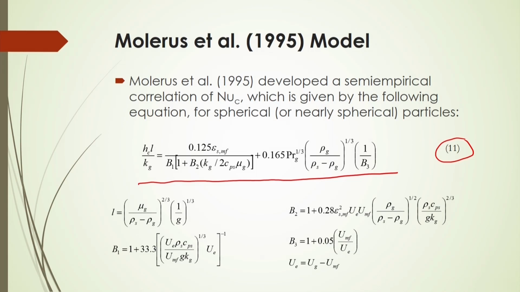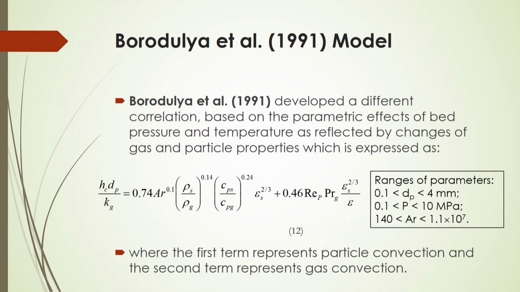According to their correlations, L is defined here, and B1 is defined by this equation, and B2 and B3 like this, and Ue is the effective gas velocity, that means relative to the minimum fluidization velocity. So, from equation 11 one can easily calculate the convective heat transfer coefficient based on the concept of both gas and particle movement inside the bed.